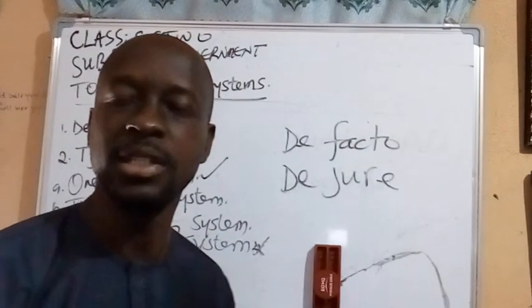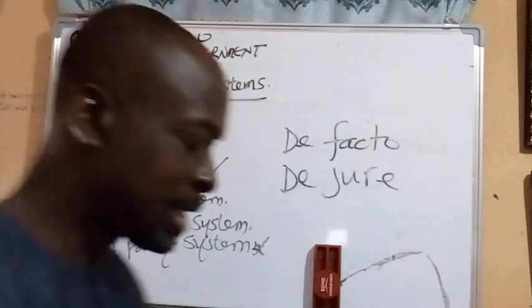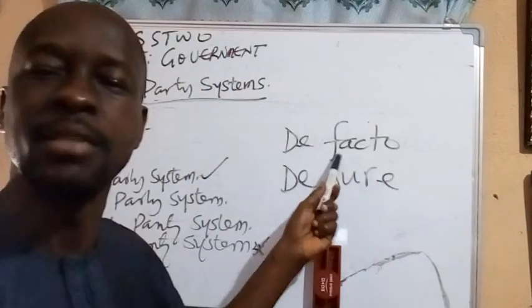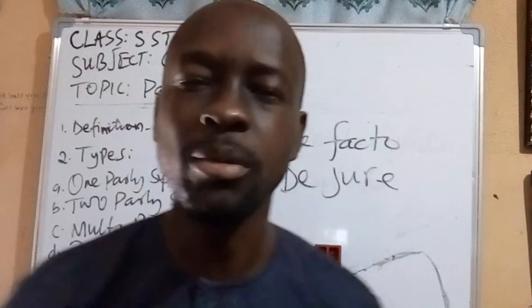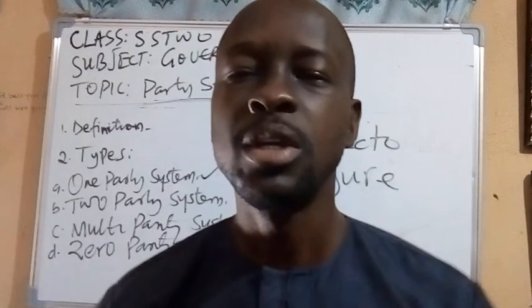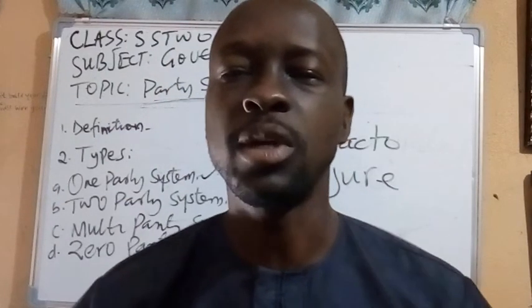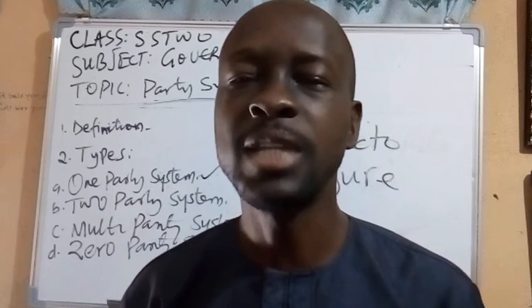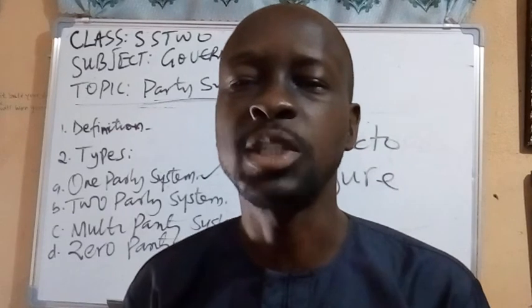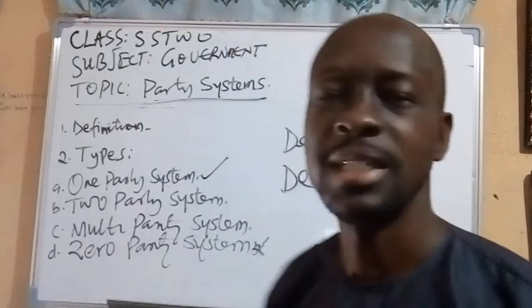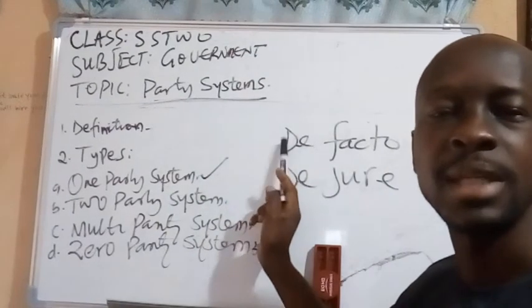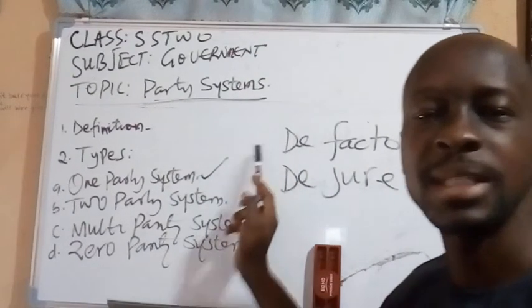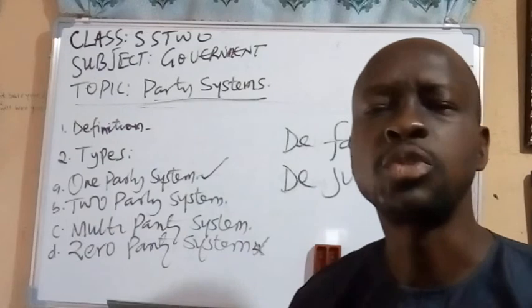Let me differentiate the two. The de facto one-party system is the resultant effect of one party being capable of convincing people, having a far larger network of membership and cooperation than the rest. So in relating to the people in the country, that one party has the capacity to reach out to more people.